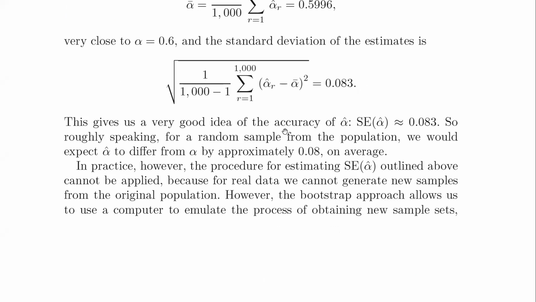In practice, the procedure for estimating the standard error of alpha hat outlined above cannot be applied because for real data, we cannot generate new samples from the original population.